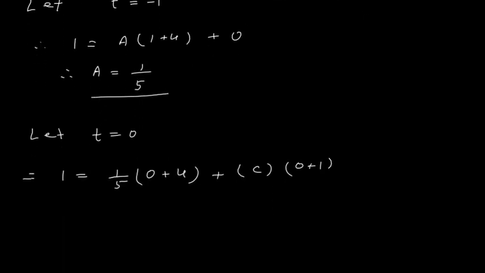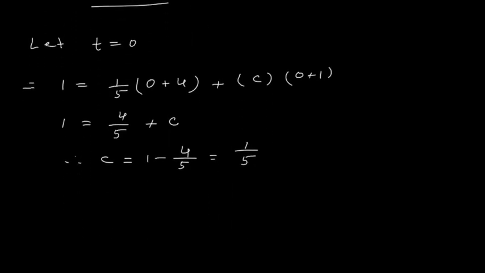So 1 equal to 4 upon 5 plus c. Therefore the value of c is 1 minus 4 upon 5, which is 1 upon 5. This is the value of c. So we got the value of a and we got the value of c. Now we have to find the value of b, so take any other value.